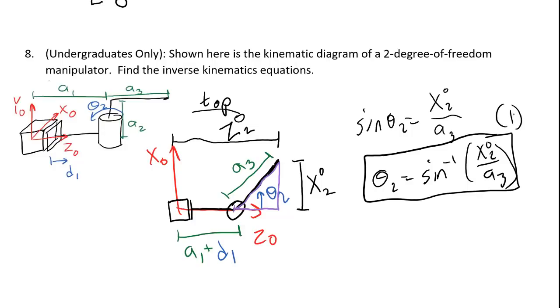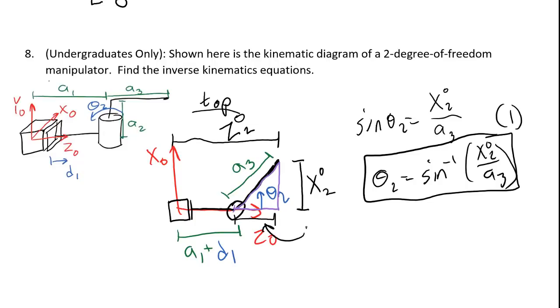We still need another equation for D1. How could we solve for D1? Well, A1 is a known quantity, and Z02 is also known. That's one of our inputs. So let's give a name to this distance right here.